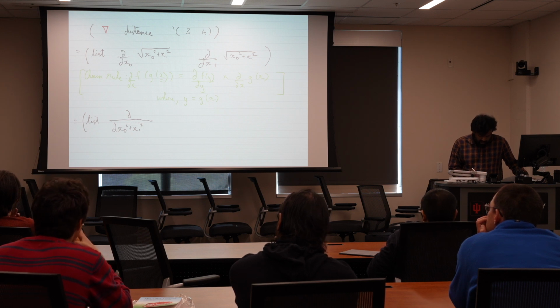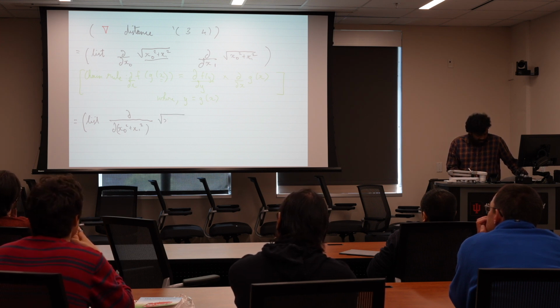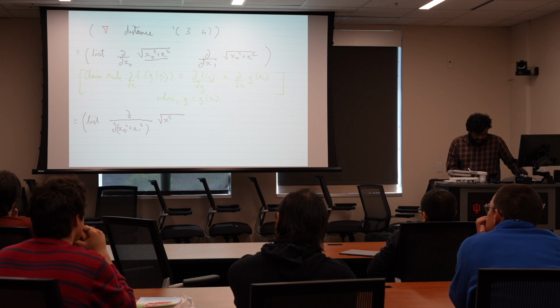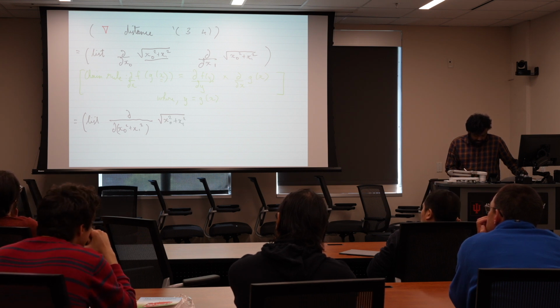Our input is this term, x0 squared plus x1 squared, and then we multiply that with the derivative of the function, and then multiply that with the derivative of this with respect to our original input x0.